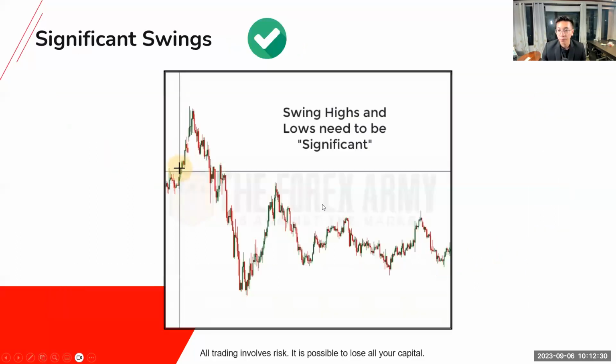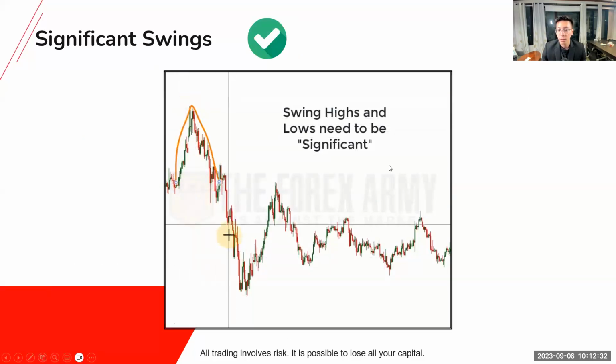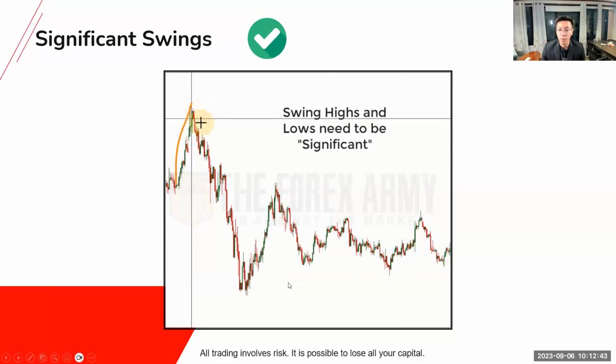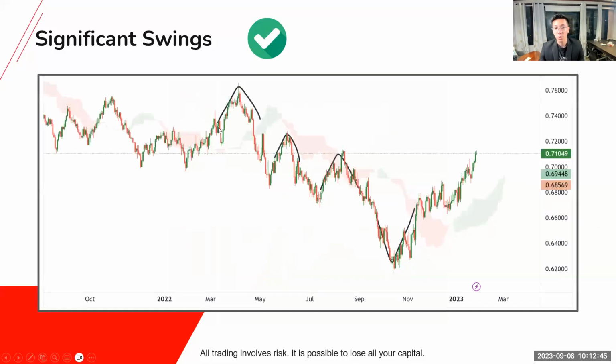These are significant swings, right? A long rally upwards and a long drop downwards. So these are significant swing highs and lows. You can see here the triangular patterns, right? Significant swing highs and swing lows.